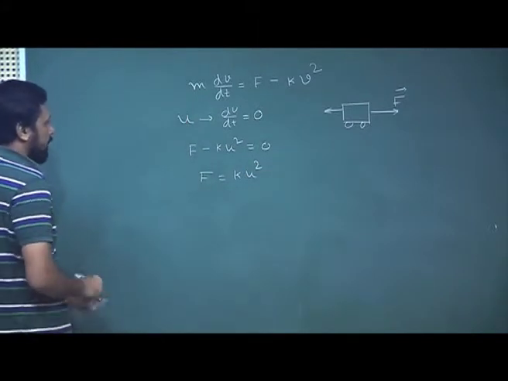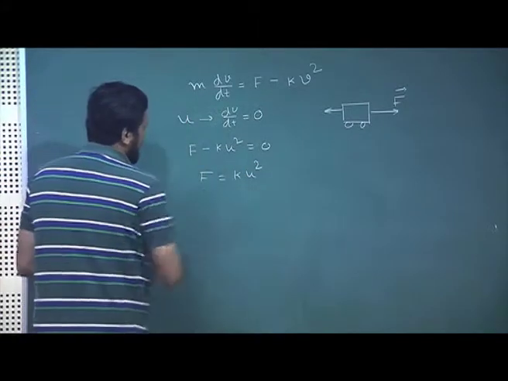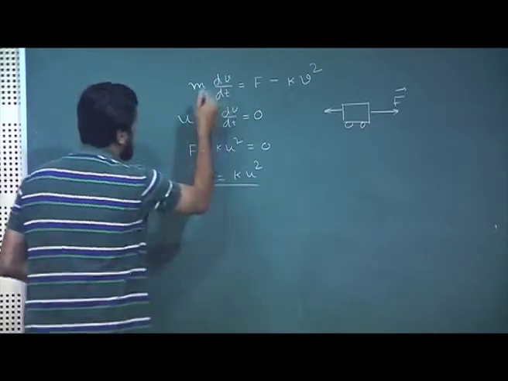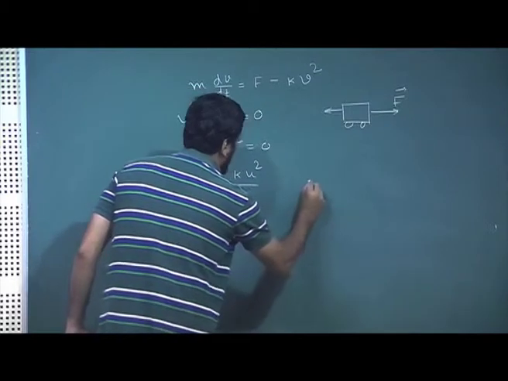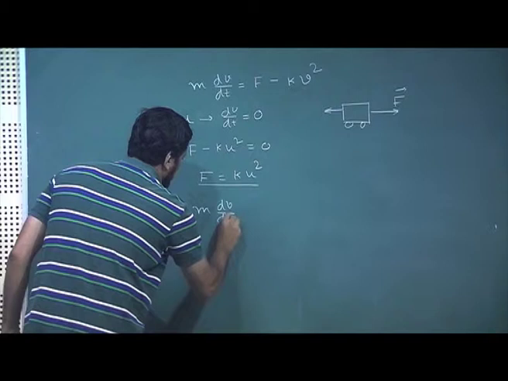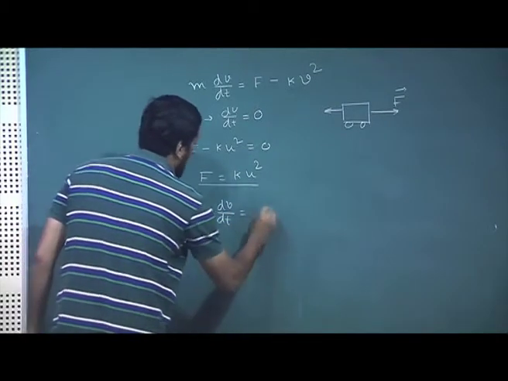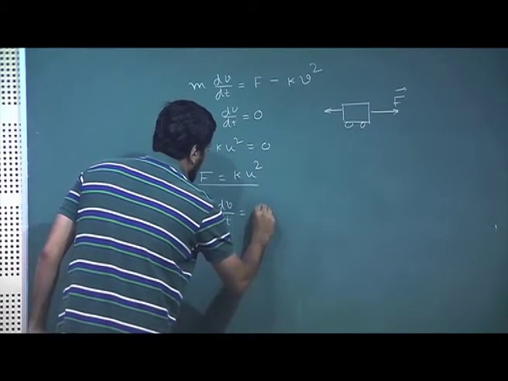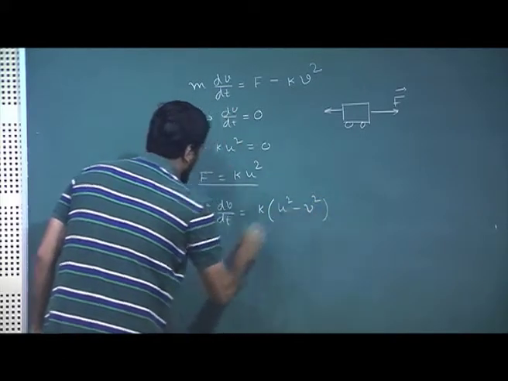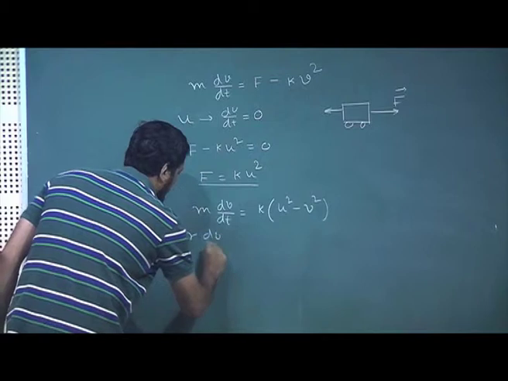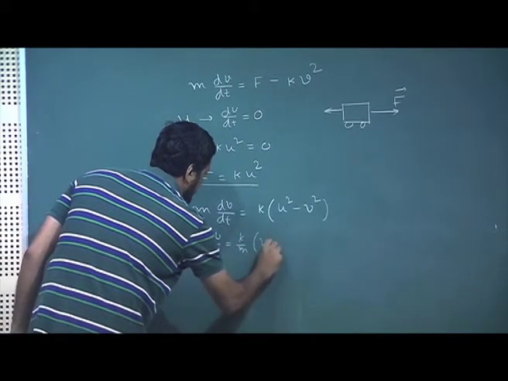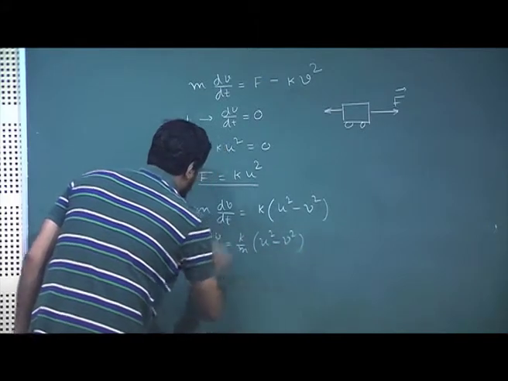Now, if we move back to the original equation and put this expression for F over here, we see that our equation becomes m dv/dt equal to k times u square minus v square, or dv/dt is equal to k by m times u square minus v square.